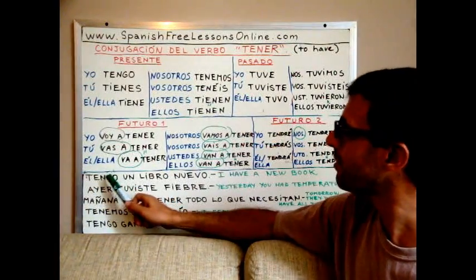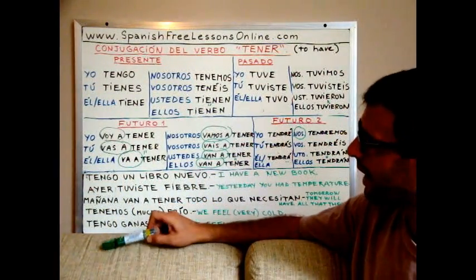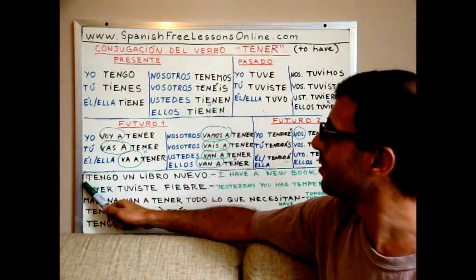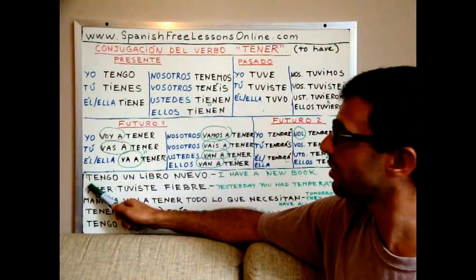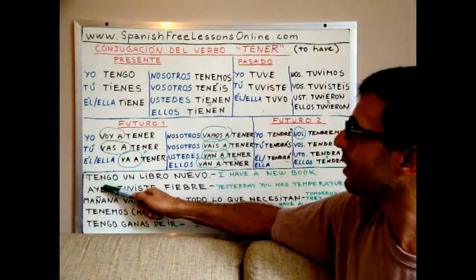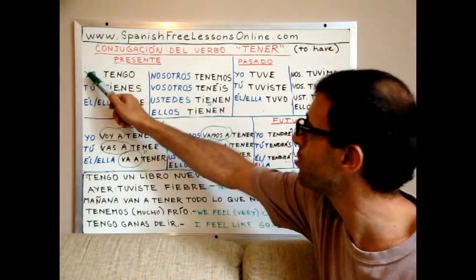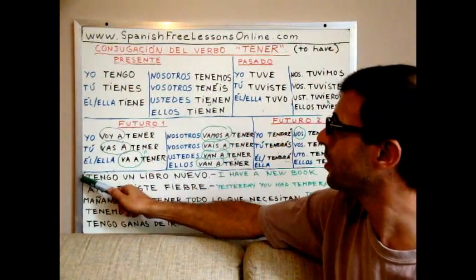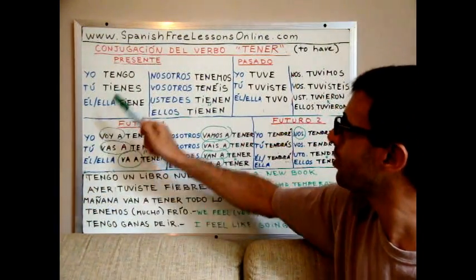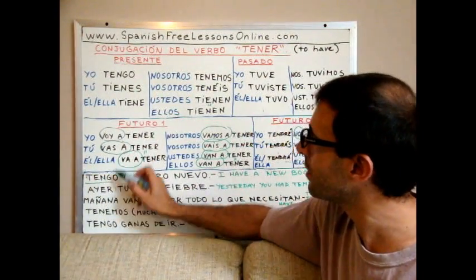So, I have a new book. And as usual, I always say the subject pronoun or the person is implied in the conjugated verb. So, tengo is present conjugation for the first person of the singular, for yo, for I. So, this is yo tengo un libro nuevo, or simply tengo un libro nuevo. Tengo is present tense, okay?